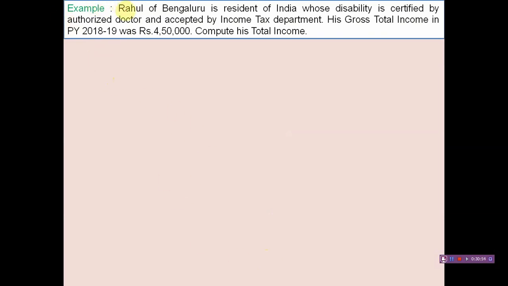Have an example. Rahul of Bengaluru is a resident of India whose disability is certified by an authorized doctor and accepted by the income tax department. His gross total income in the previous year 2018-19 was rupees 4,50,000. Compute his total income.